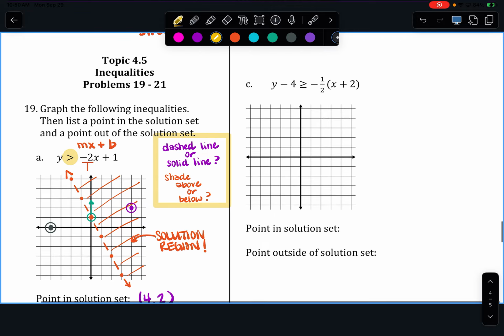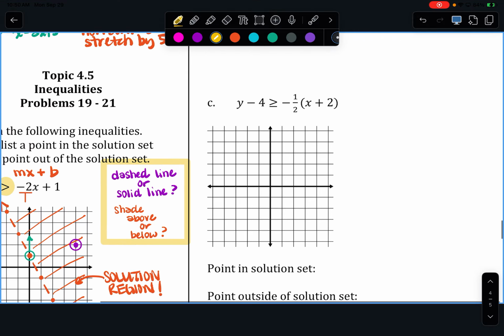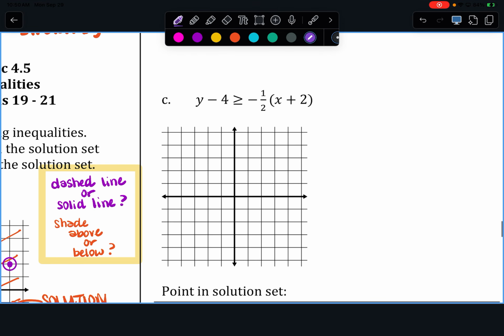All right, let's do another one. This one is not in y equals mx plus b form, but it is in point slope form. So if you want to just leave it as is, totally fine with that, right? Our slope is clearly -1/2, and then remember, the point is -2 as my x, and my y would be +4 if we plucked the x1, y1 out of the formula.